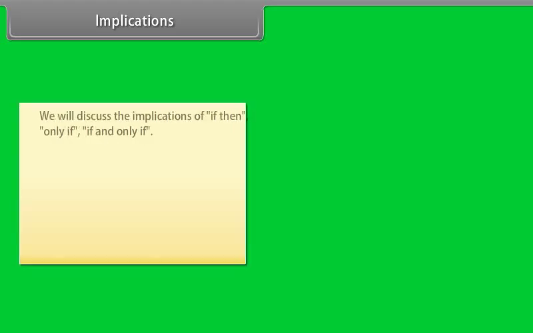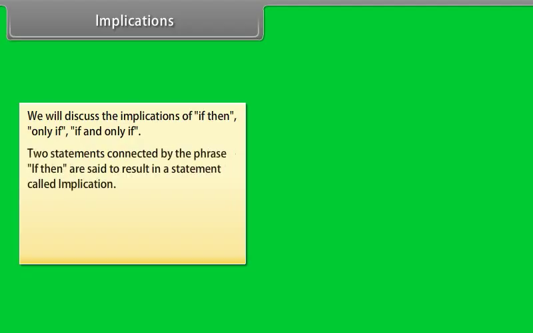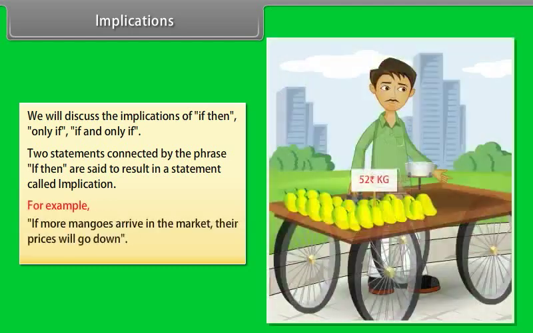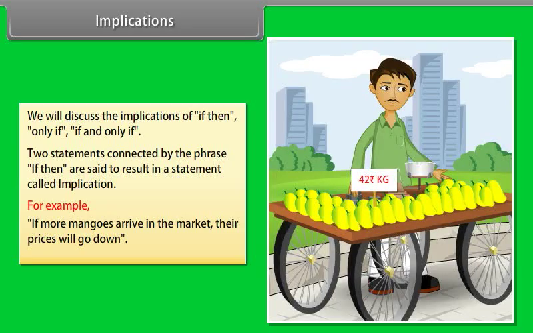Implications. We will discuss the implication of "if-then", "only if" and "if and only if". Two statements connected by the phrase "if-then" are said to result in a statement called implication. For example, if more mangoes arrive in the market, their prices will go down.